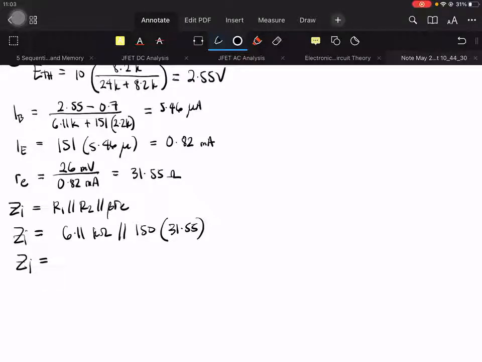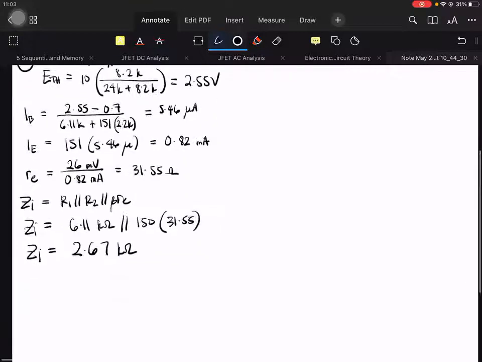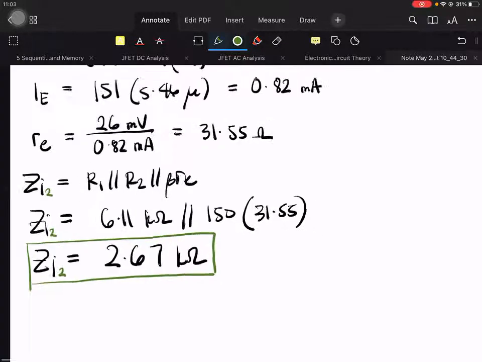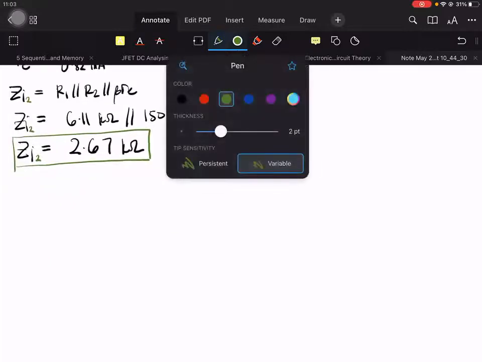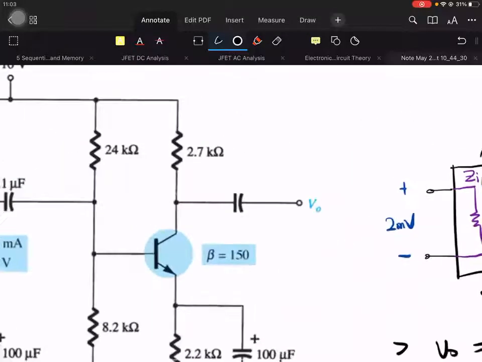2.67 kilo ohms. So this is the I2. ZO2 is, I think, approximately equal to RC. So, 2.7K.